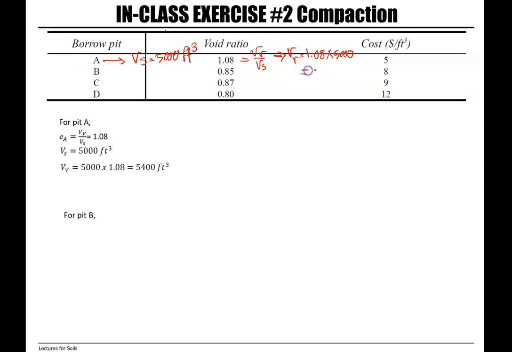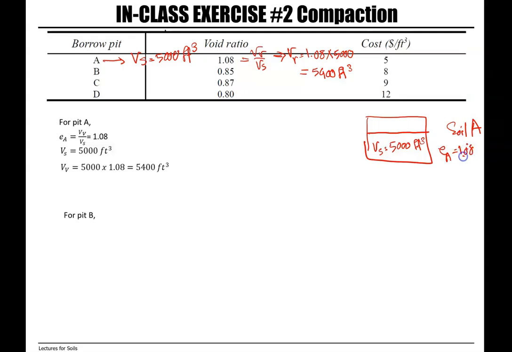So volume of void is 5,400 cubic feet. So for soil A, we still need to bring the volume of solid is the same, 5,000 cubic feet. But since void ratio of A is 1.08, it means that volume of void will be 5,400 cubic feet.